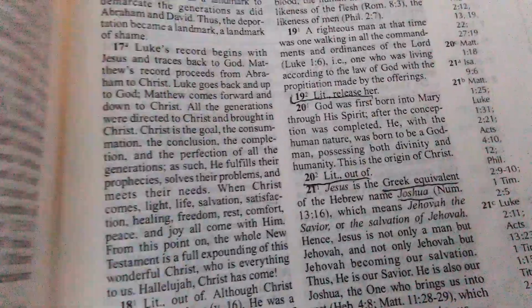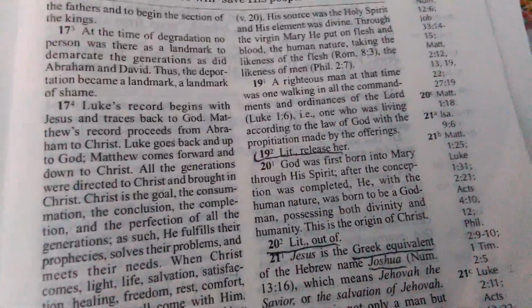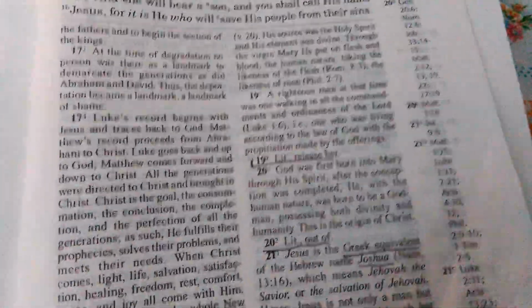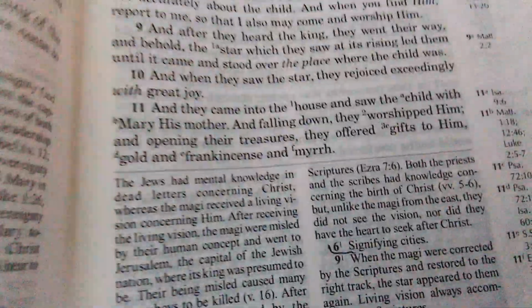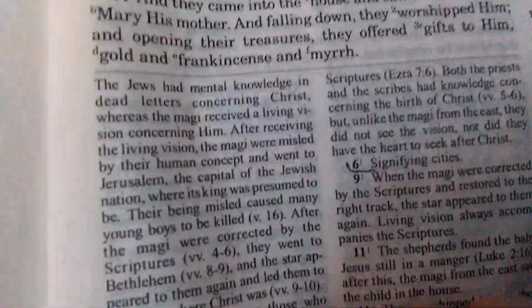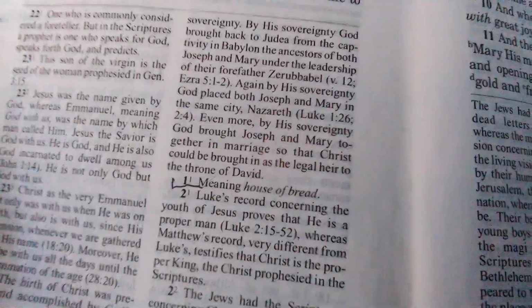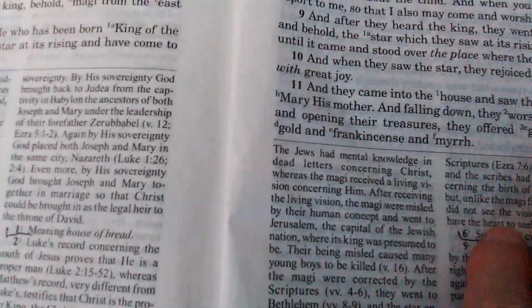Now, when you continue in this, I did mention in my last one, I also do what I did in the Dake Bible before. If there's a literal translation or a Greek translation, I underline those all the way through, or significant cities, for example, Bethlehem means house of bread, and so forth.